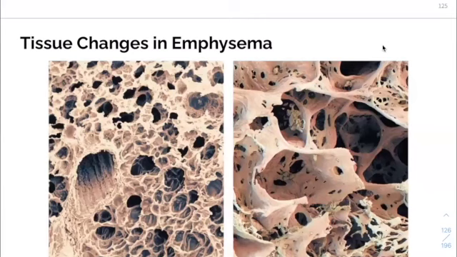There's not as much surface area for blood vessels to exchange, which makes it much harder to breathe, and they end up with more of an oxygen debt. Not enough oxygen to breathe.